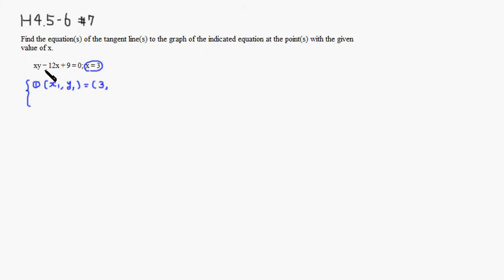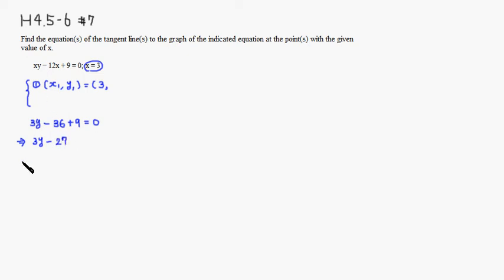So it's going to be plugging 3 here. So it's 3y minus, I plug in 3 here, so it's going to be 3 times 12, so 36, I meant, and plus 9 equal to 0, and this will give us 3y minus 27.